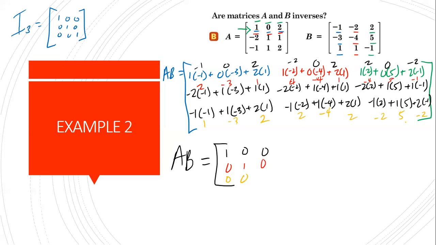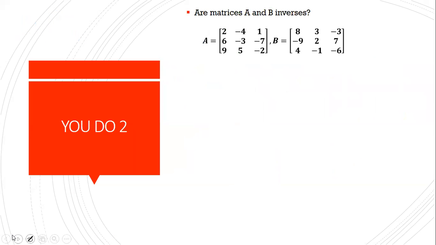And that gives me what? Gives me 1. So what does this mean? Yes, they are inverses. It's a tedious process, but is it a hard process? No. Okay. Here is yours to practice.